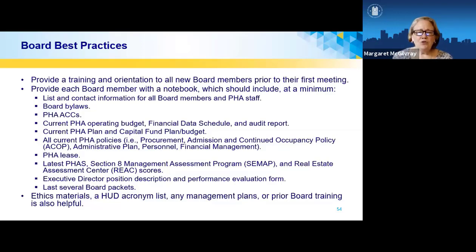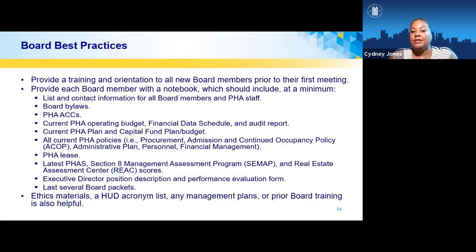Sydney, we also had a question of, I missed what was said about the annual performance review. Right. So did you want me to answer that, Margaret? Yes. So as the board, you are the supervisor of the executive director. So the executive director reports to the Board of Commissioners.